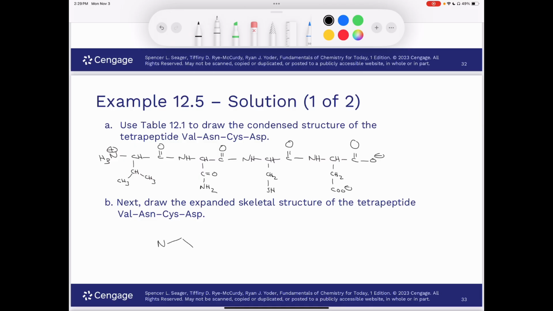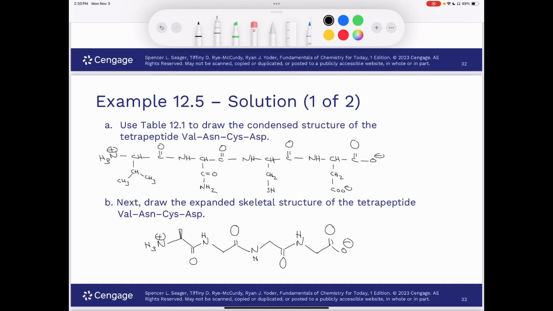So we're going to start here, nitrogen, carbon, carbonyl. Then we have nitrogen, carbon, carbonyl. Then we have nitrogen, carbon, carbonyl. We do it again, nitrogen, carbon, carbonyl. Okay. We'll fill out the N terminus and the C terminus, and we'll put our hydrogen on each of the nitrogens.